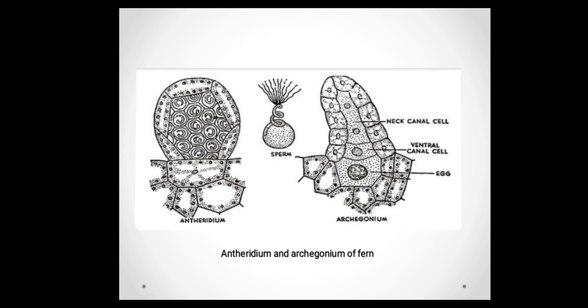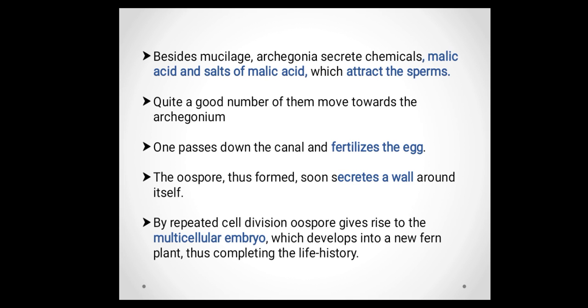This is the picture of the antheridium and archegonium of a fern. In the center we have the sperm structures. The archegonium secretes mucilage containing malic acid and salts of malic acid, which attract the sperms for fertilization.